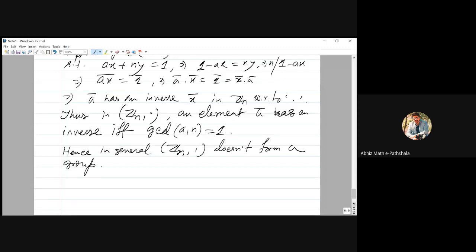Now one may be tempted to check if we just take out 0 from Zn, does it form a group?